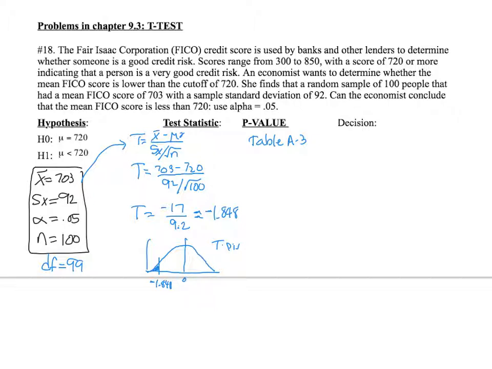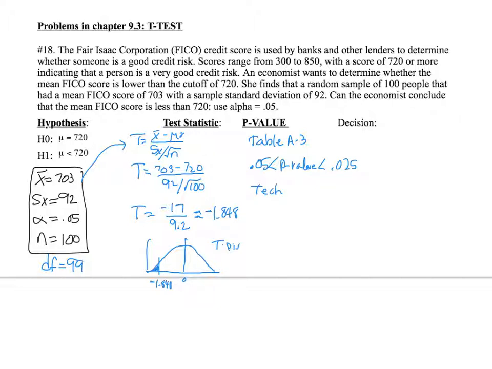And we find that the p-value is between 0.05 and 0.025.